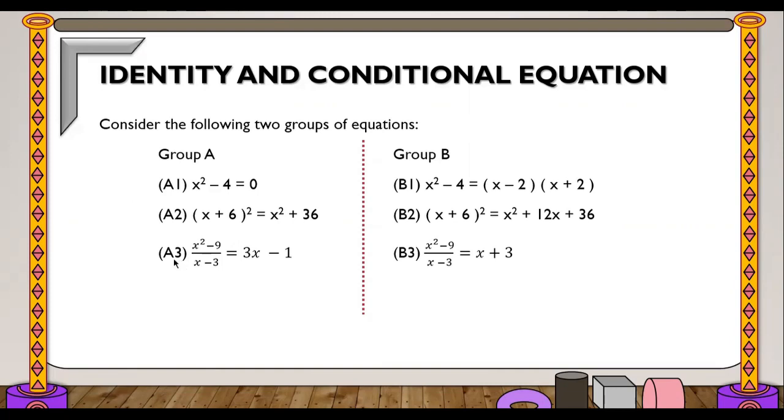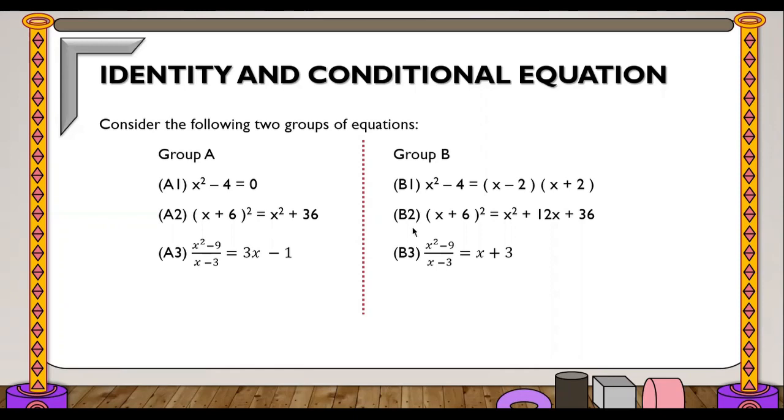And A3, we have the ratio of x squared minus 9 over x minus 3 equal to 3x minus 1. For group B, we have B1: x squared minus 4 equals the quantity x minus 2 times x plus 2.